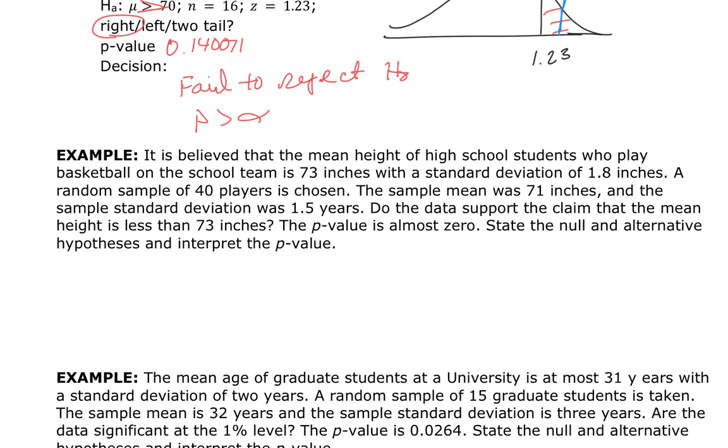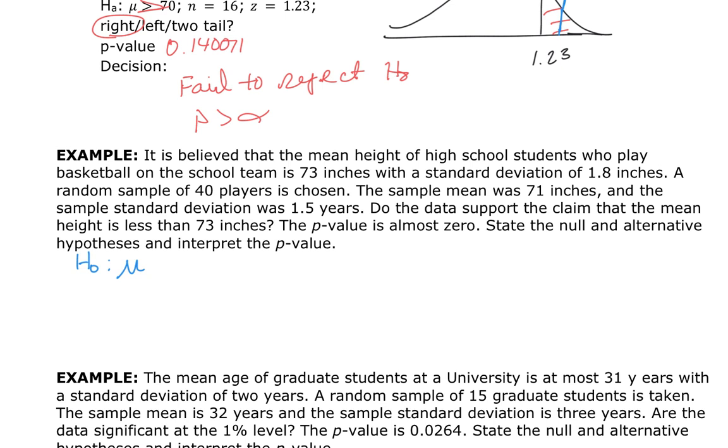Well, the Ho is the status quo. It is believed that the mean height of students who play basketball on the team is 73 inches. Okay, so my Ho is, and I have a mean, so I'm going to use mu. We believe that it is 73 inches. Now I got to make a decision.